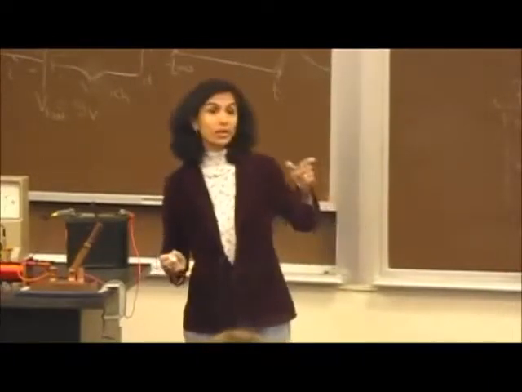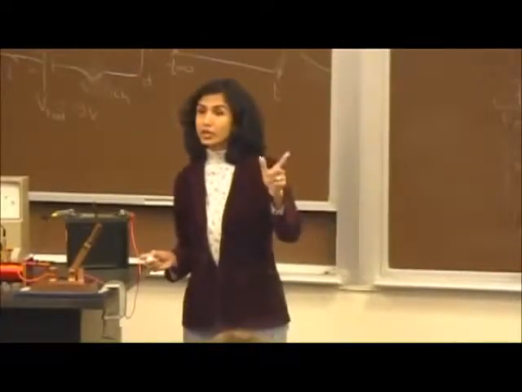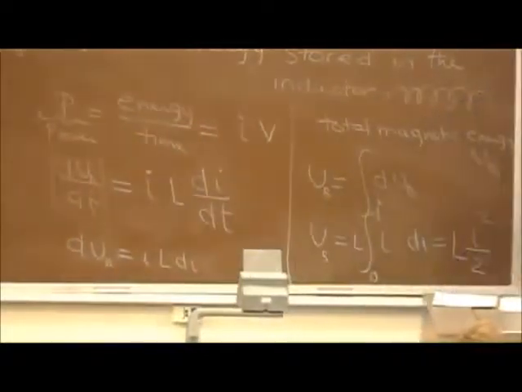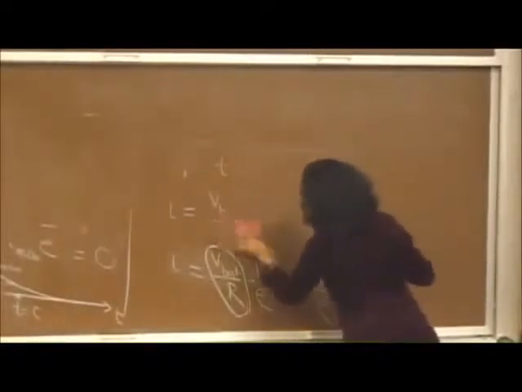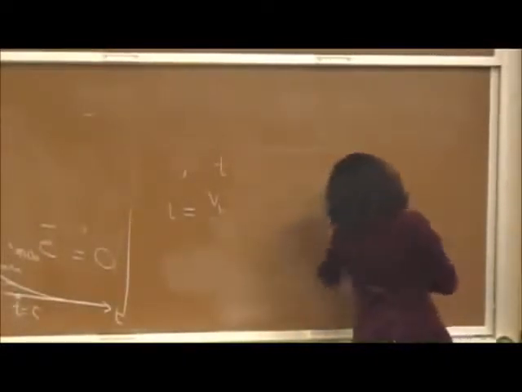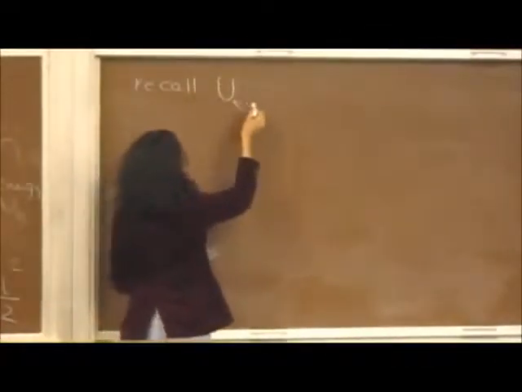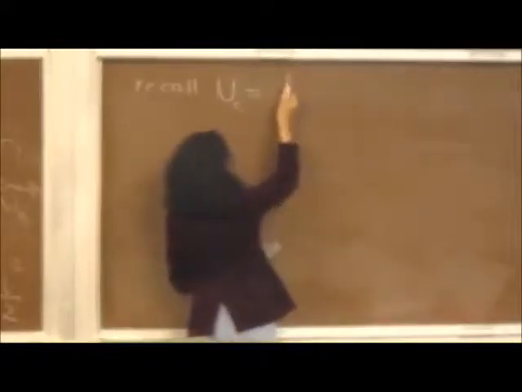Does that remind you of the formula for the capacitor? It should, because for the capacitor, compare this. This is U sub B. Compare this with the capacitor. Recall that U sub E in the case of a capacitor was half C V squared.